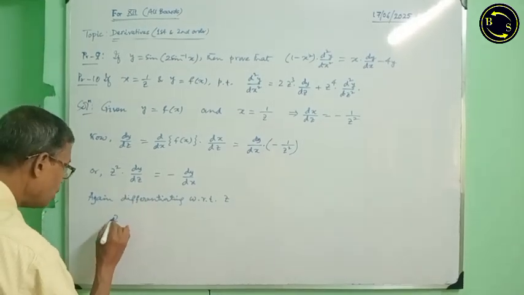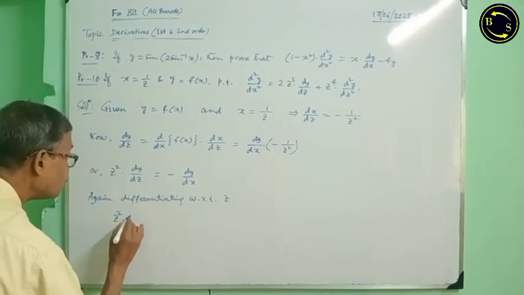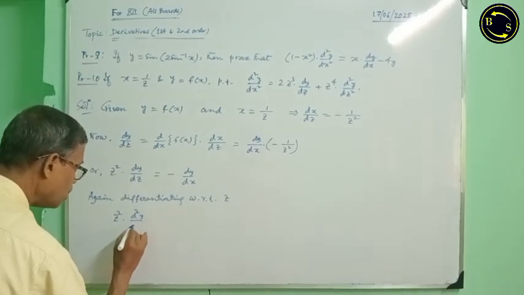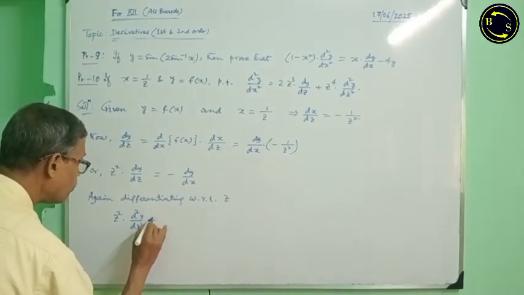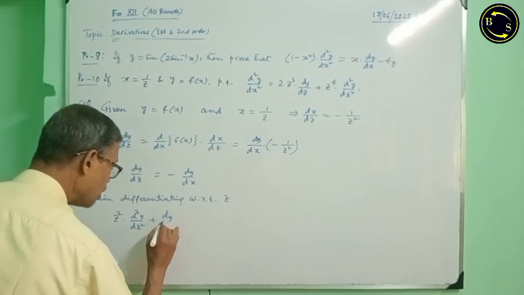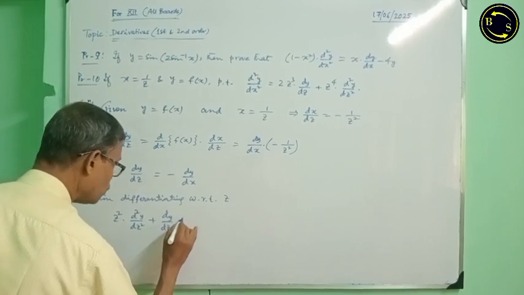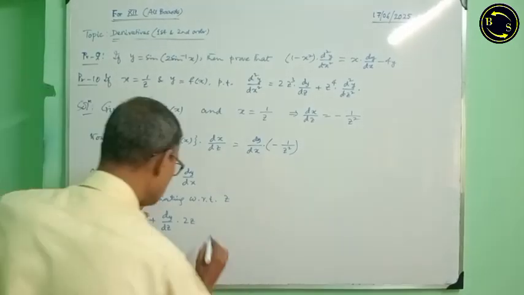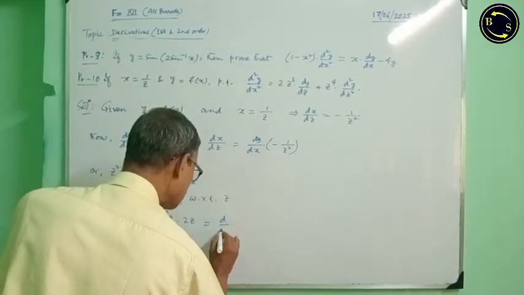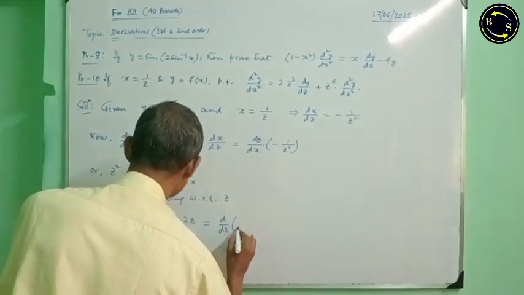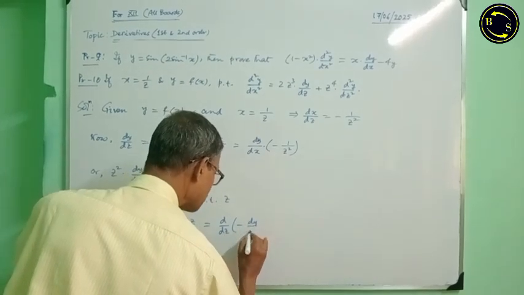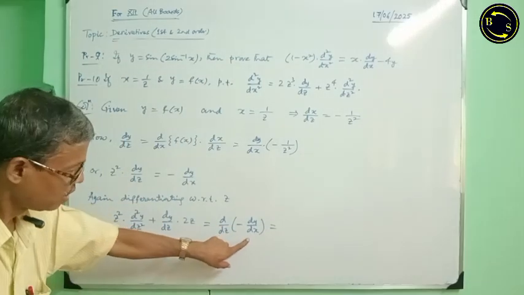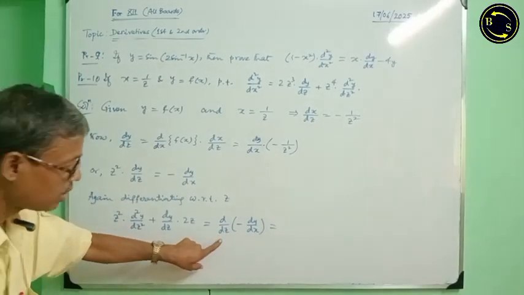UV form: z² into d²y/dz² plus dy/dz into 2z. This is equal to d/dz of −dy/dx. This is a function of x. We are differentiating with respect to z.